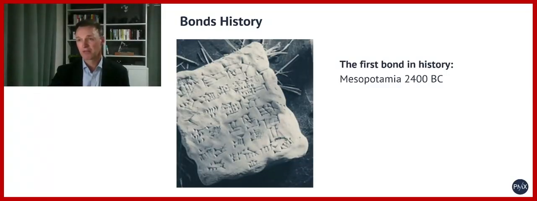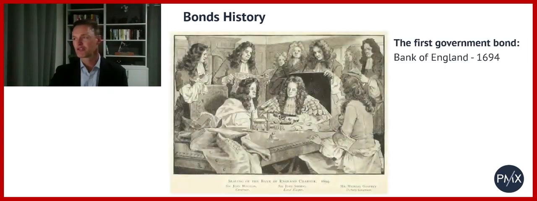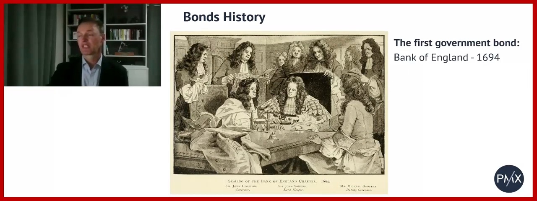Bonds have been going back a long time. 2,500 or 2,400 BC, the first bond was a certificate found in Mesopotamia. Back then, the currency was grain. So essentially, someone borrowed grain and then had to pay it back over a period of time. Bonds became a lot more popular later on. The first sovereign bond was actually issued by the Bank of England in 1694.